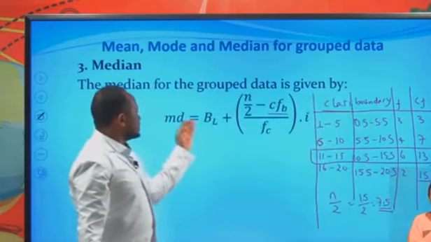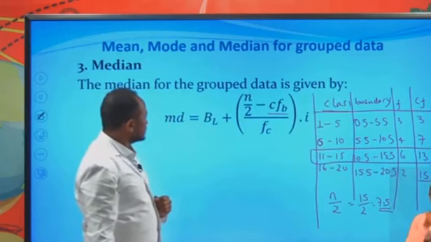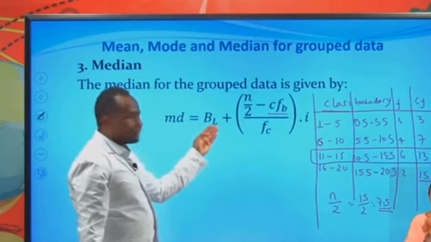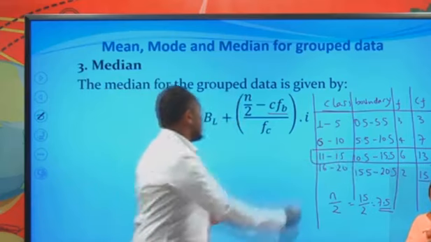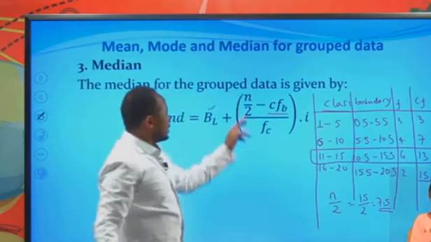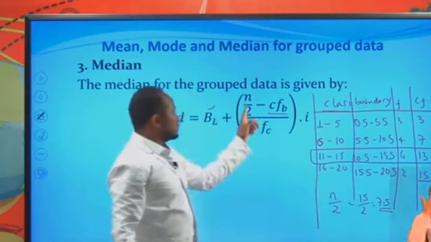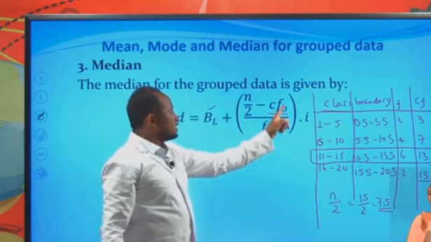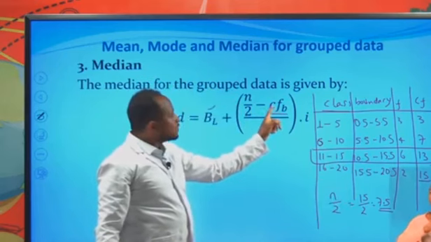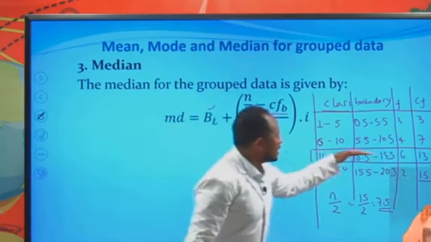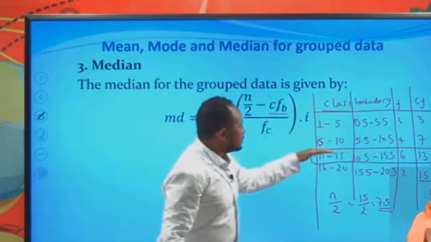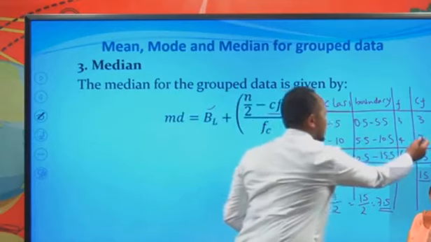After determining the median class, you can apply this formula. The lower class boundary of the median class is 10.5. N is 15, over 2, minus the cumulative frequency before the median class. Here is the median class. The cumulative frequency before this class is this one.